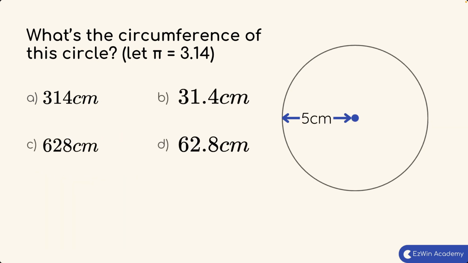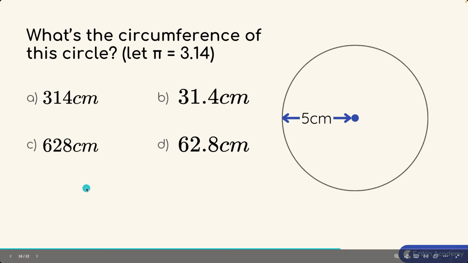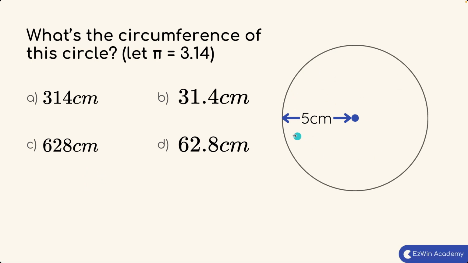Let's do another example. So we have the radius 5 centimeters. What's the circumference of this circle? Pause this video to write down your workings. If you are done, then you can unpause to see if you got the correct answer. So let's go through the answer. Let's find out what is the equation to get our circumference if we only know the radius.